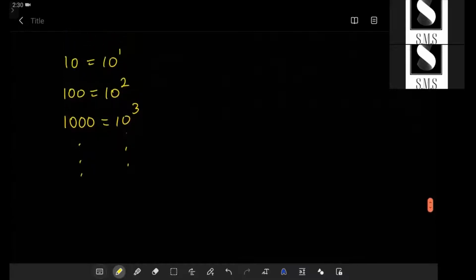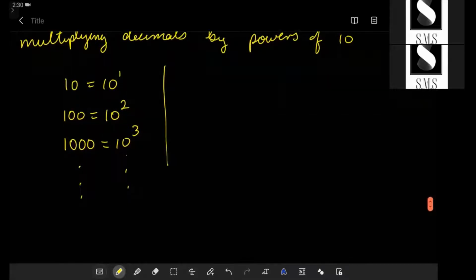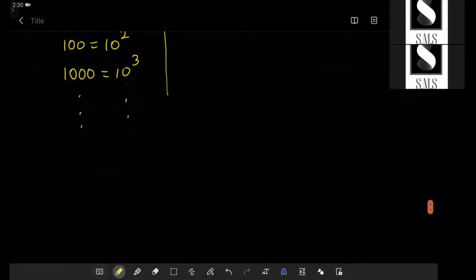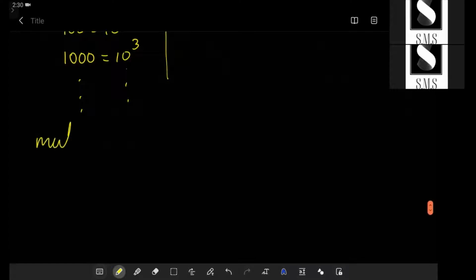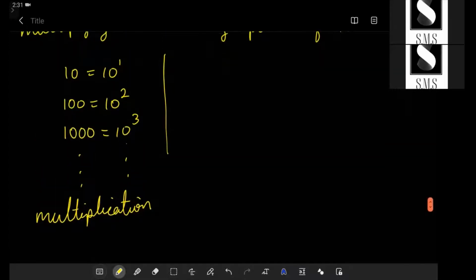So if I want to multiply a decimal by 10, all I need to do is move the decimal point to the right by the number of the power.